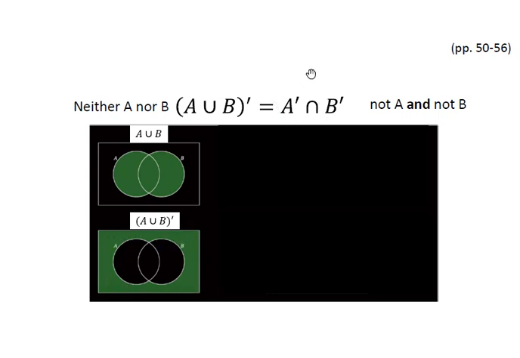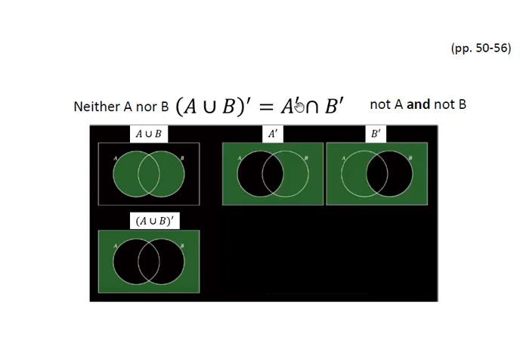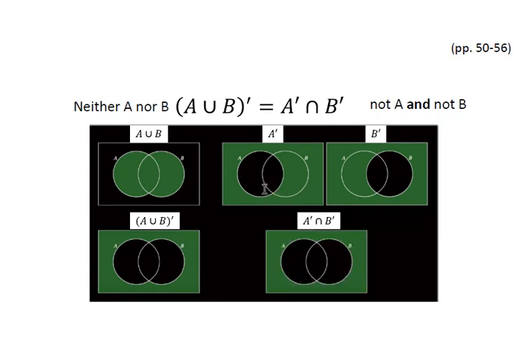Now we are going to draw the Venn diagram for the right hand side. We need A prime, all the outcomes in S that are not in A, and B prime, all the outcomes in S that are not in B. And now we need the intersection of these two areas. You can see the intersection is this area. So the left hand side is equal to the right hand side.